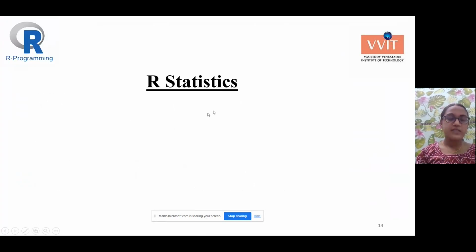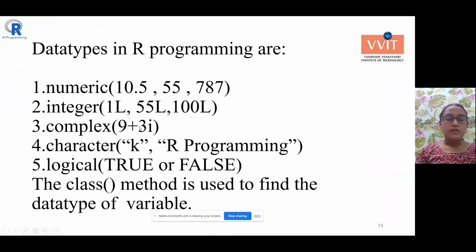Next, the complex one. We know that it generally accepts the a plus bi form. So we can declare a complex one, and then character, which is a single word or multi-word. Logical, which consists of Boolean values TRUE or FALSE.